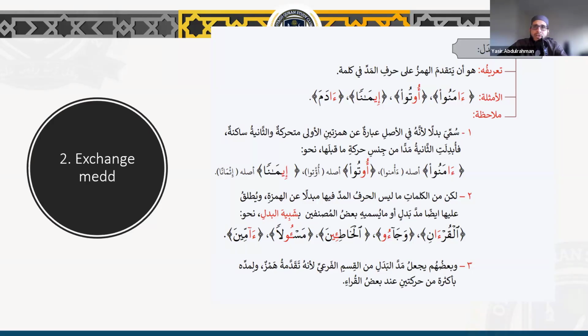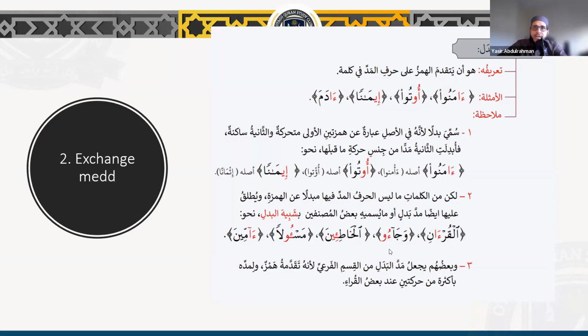However, there are some words where the mad is the original, like the maddul badal is not because of that. It's not because of the hamza being changed. The examples of those are these words, right?